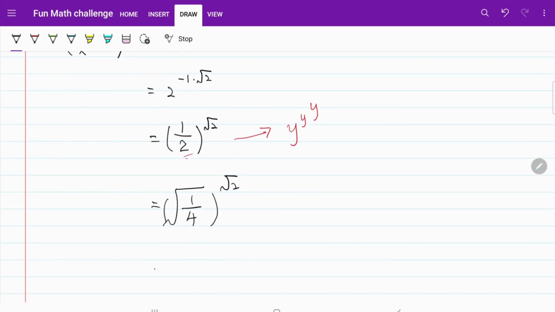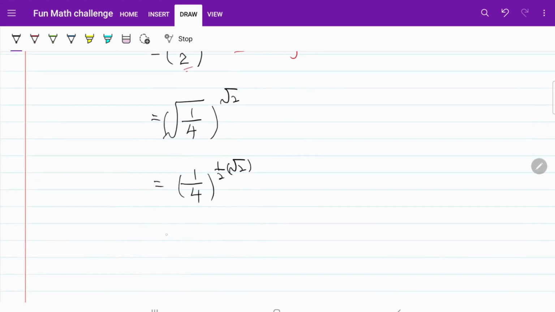And from here, I'm going to turn this into 1 over 4 to the power of half square root 2, which is then equal to 1 over 4 to the power of square root 2 over 2. For the next step, let's explore what we can do with this exponent.